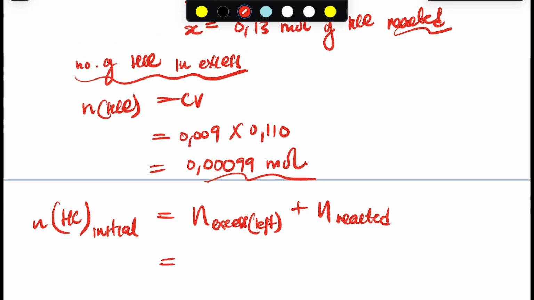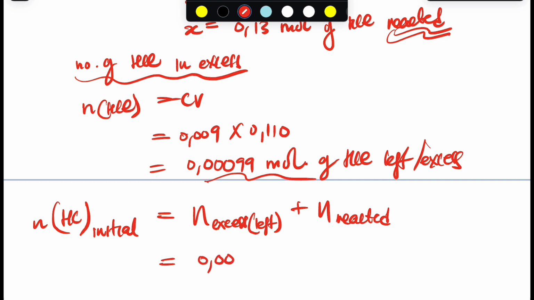And this is the number of moles of HCl left or in excess, that's what remained after the number of moles reacted was taken.